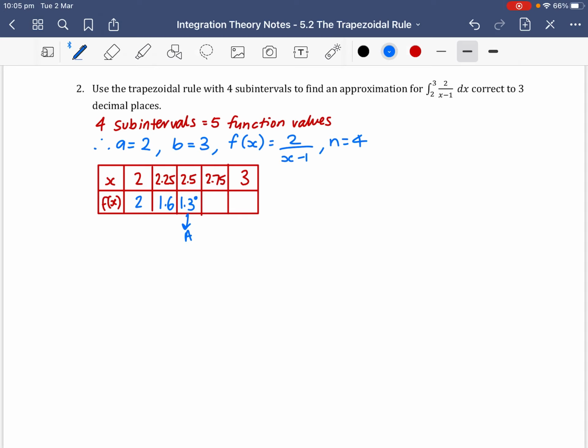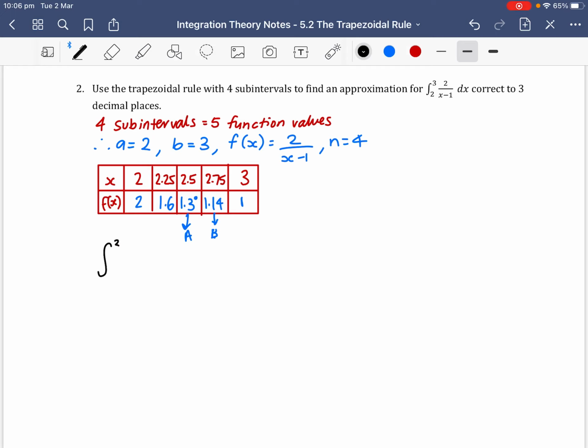Then when we sub in 2.75 into our function, we get 1.142857143. So I'm going to store this into my calculator as B. Shift recall B, and then when we sub 3 into our function, we get it equal to 1.